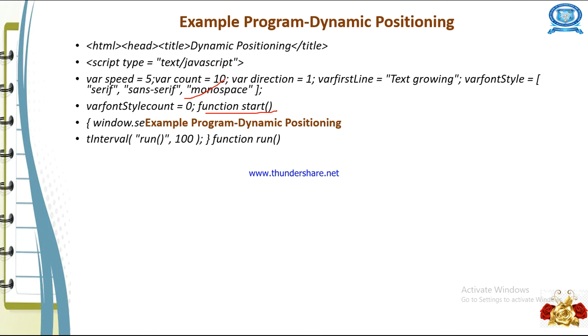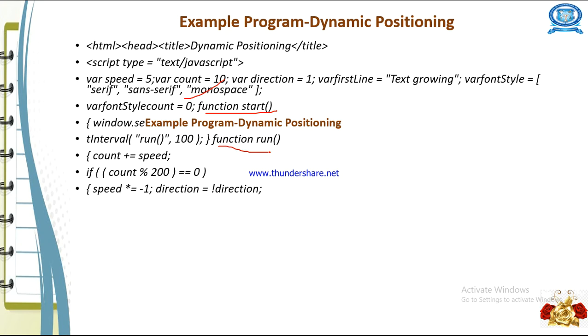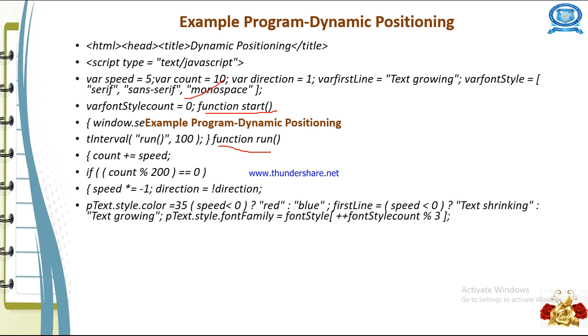Then there is the window size, and another function called run. Then count equals speed. By using this if statement, you calculate yes or no, whether it is possible or not. You have to display the color and all the things.